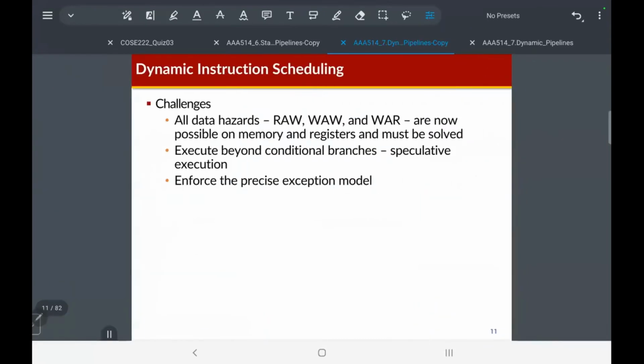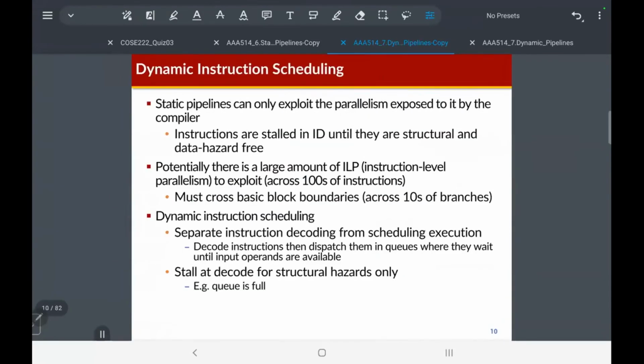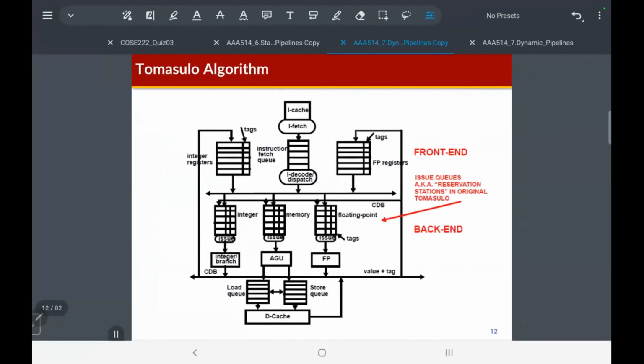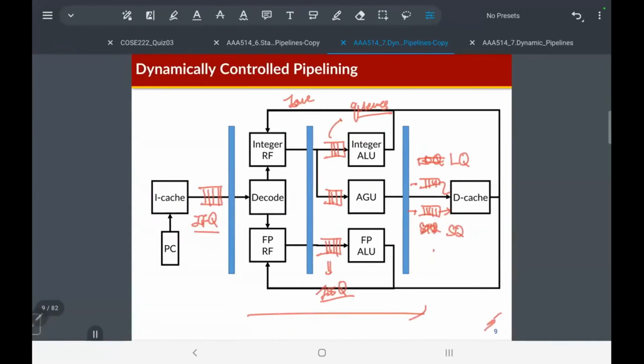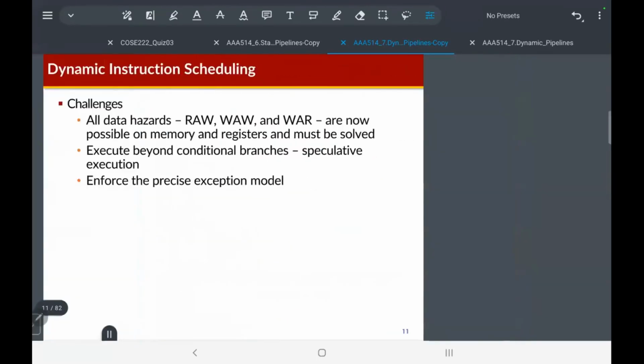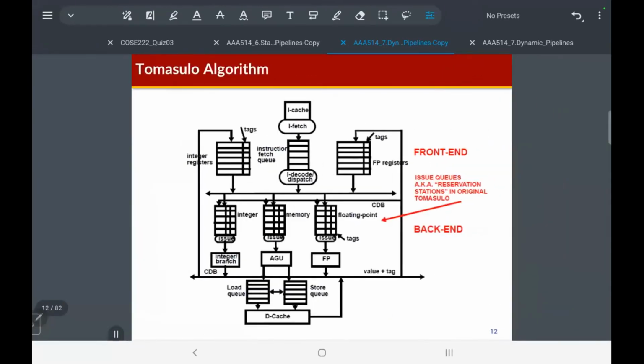Okay, so I already explained this part. This is the architecture of the Tomasulo algorithm. I drew the dynamically controlled pipeline architecture in the horizontal direction, but in the Tomasulo algorithm architecture, you can find that the architecture is drawn vertically.